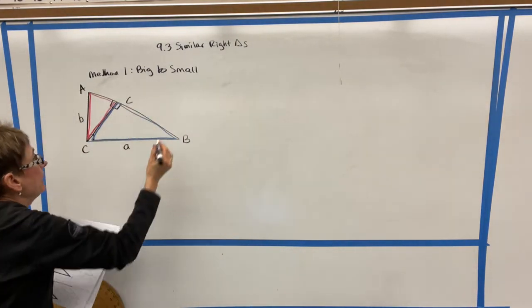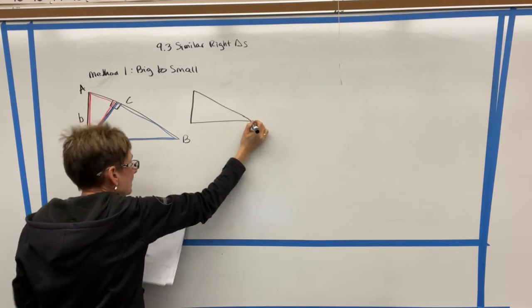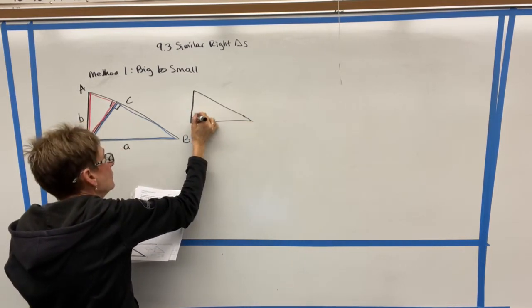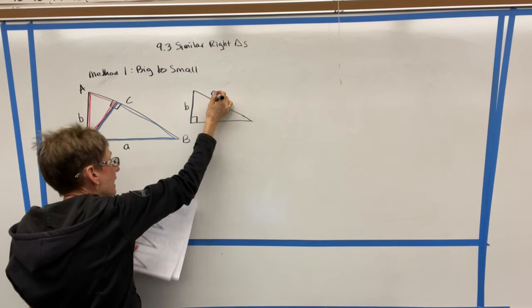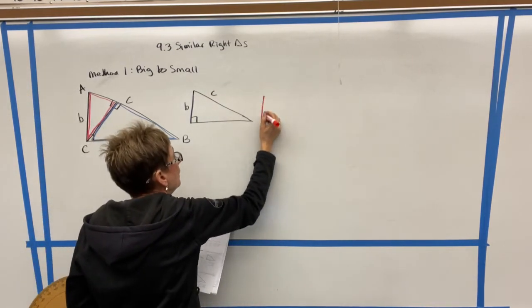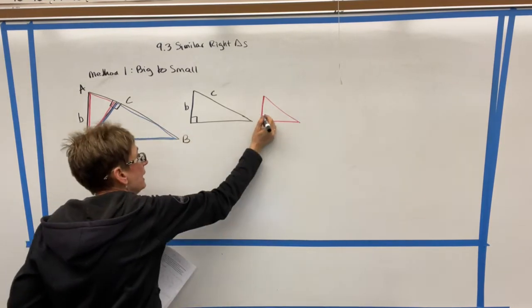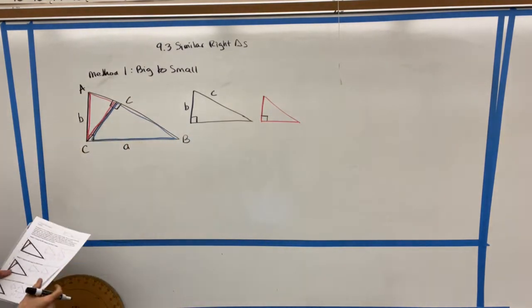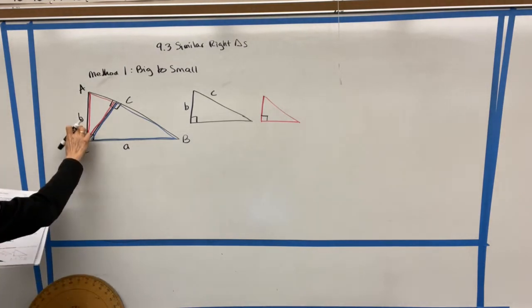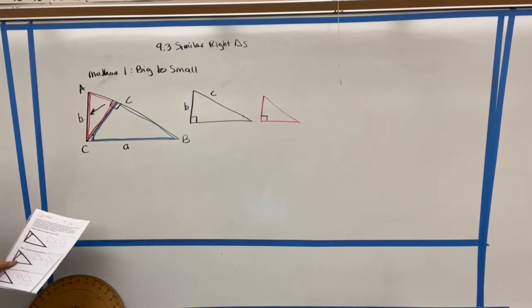So if we're comparing the big one, let's draw that in black, to the small one, I want to look at two sides that I have information for on both. If I look at the red triangle, I can see that its hypotenuse is B, because that is the side across from the right angle.